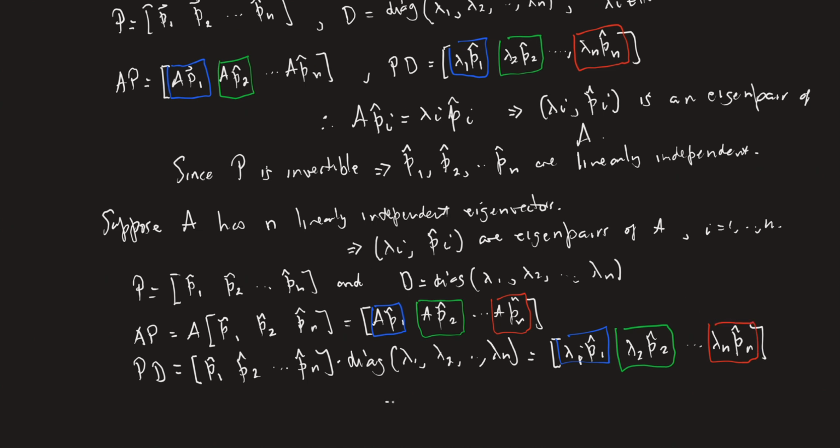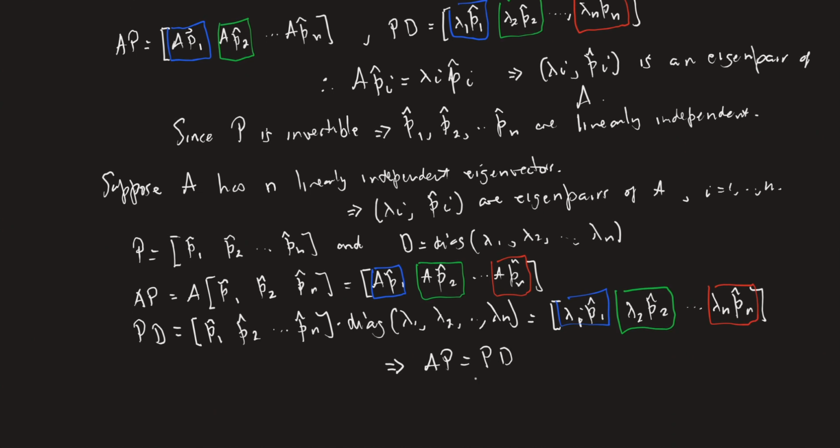So what does that mean? It means that A times P is equal to P times D, and therefore we can write it either way we'd like. So we can say that A is equal to P times D times P inverse. So therefore A is diagonalizable.